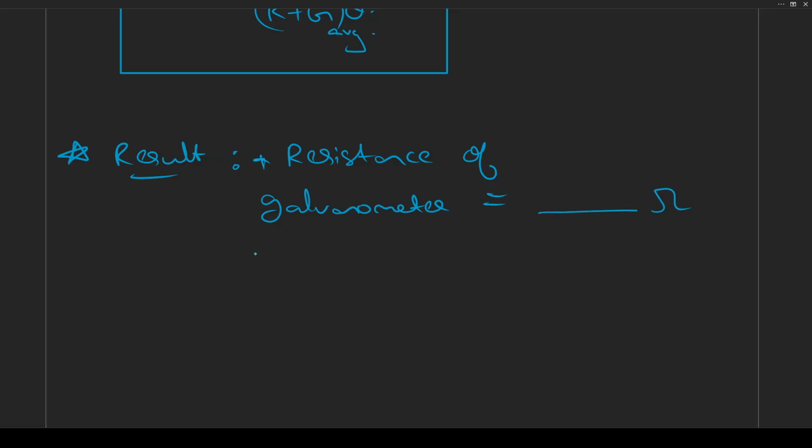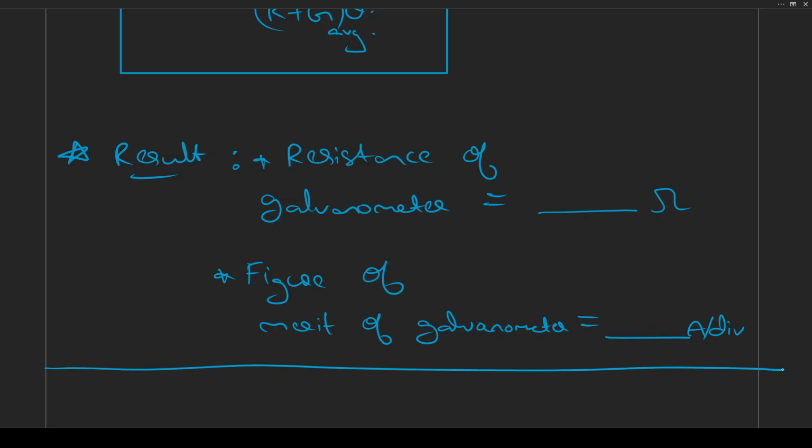After calculating the figure of merit of galvanometer, which is equal to dash ampere per division. This is for the third experiment.